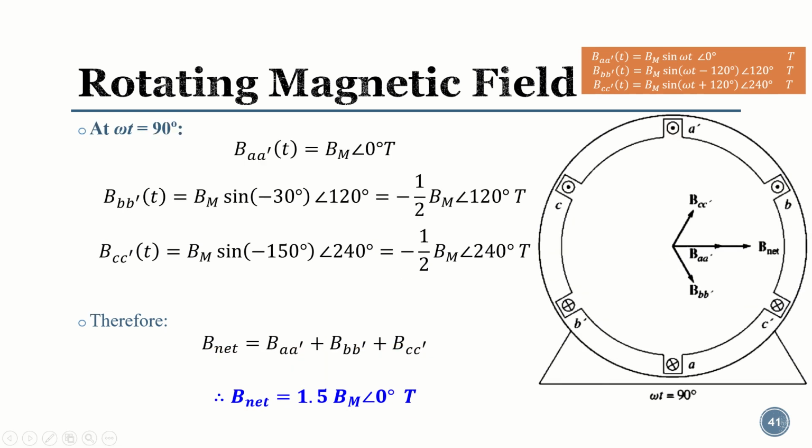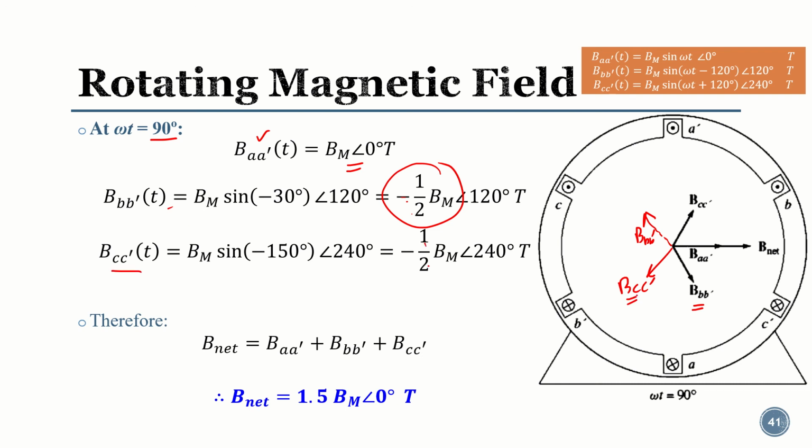Now if we calculate for the angle of 90 degrees, again this one will be 0, and this one will be minus 1 over 2 of Bm. See here, this was your B dash and this was your original CC dash. Now we are getting minus 1 over 2, so this will be coming here as minus 1 over 2, and CC dash is also minus 1 over 2.